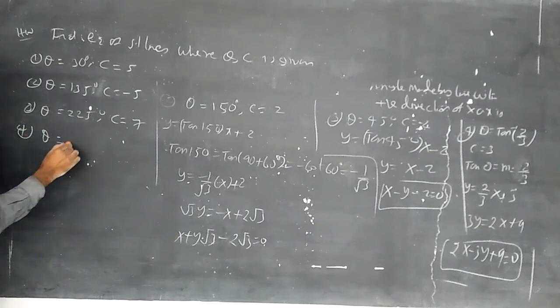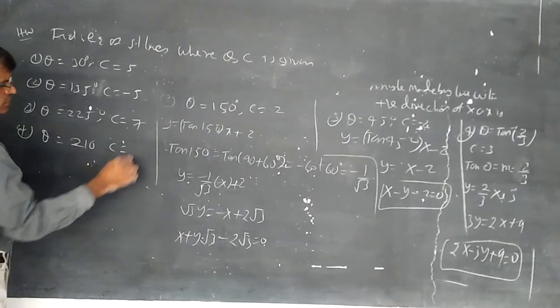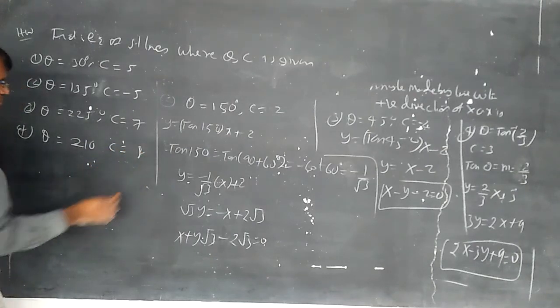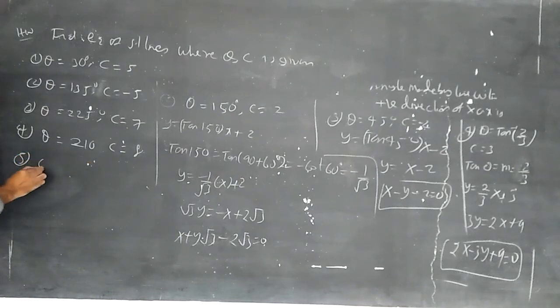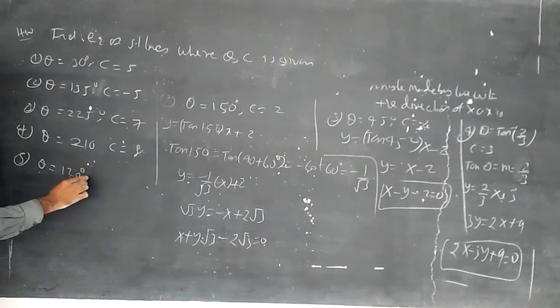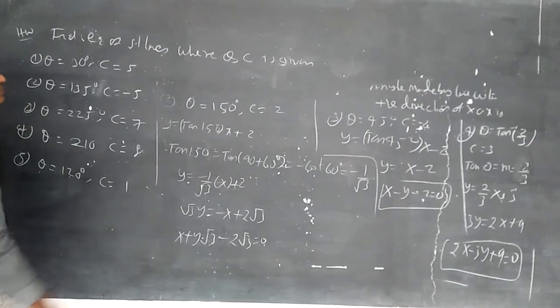Fourth one, theta is equal to 10, c is equal to 8. Fifth one, theta is equal to 120 degrees, c is equal to 1.